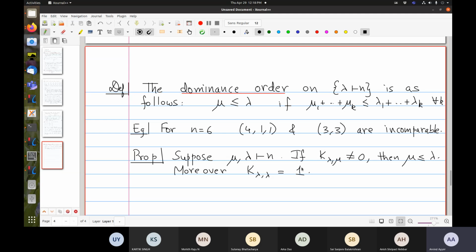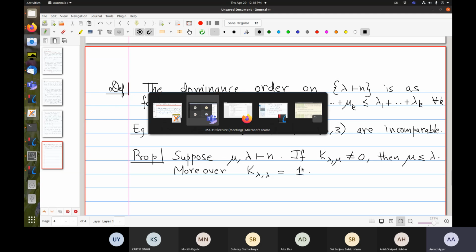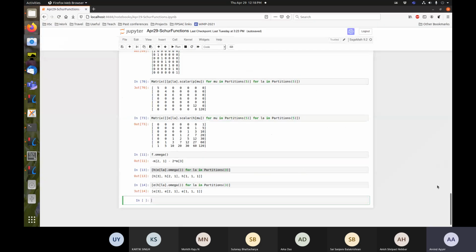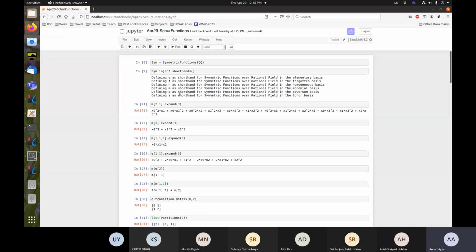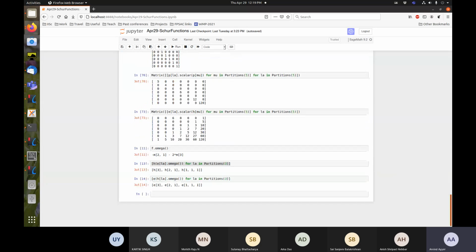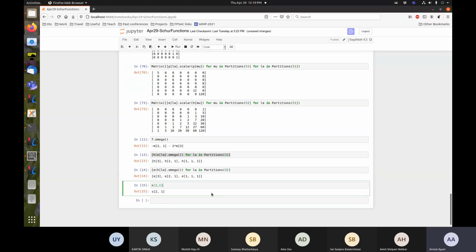Let me illustrate this. So let's go back to Sage. As I said before, when you use this inject shorthands command, you get the Schur basis also. So you get the Schur functions also. s is the shorthand for that. So s21, for example, if I write, you can expand this in 3 variables to see our example.